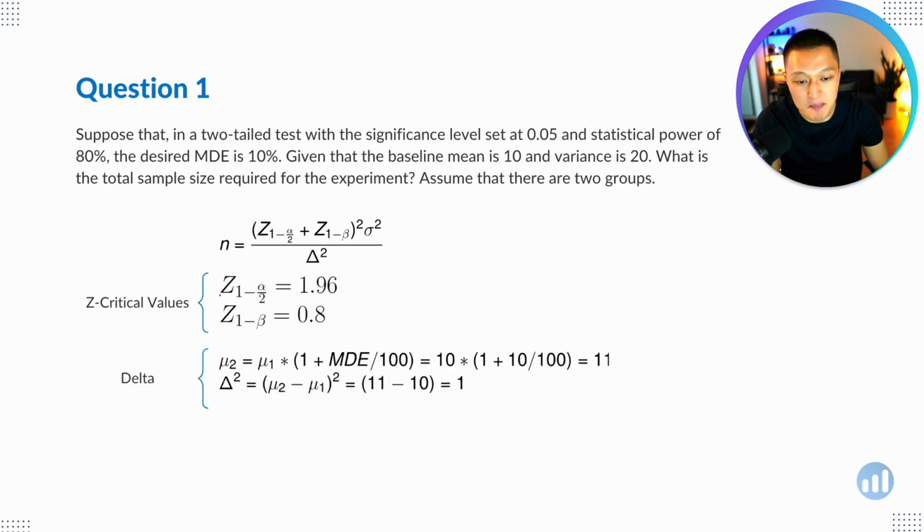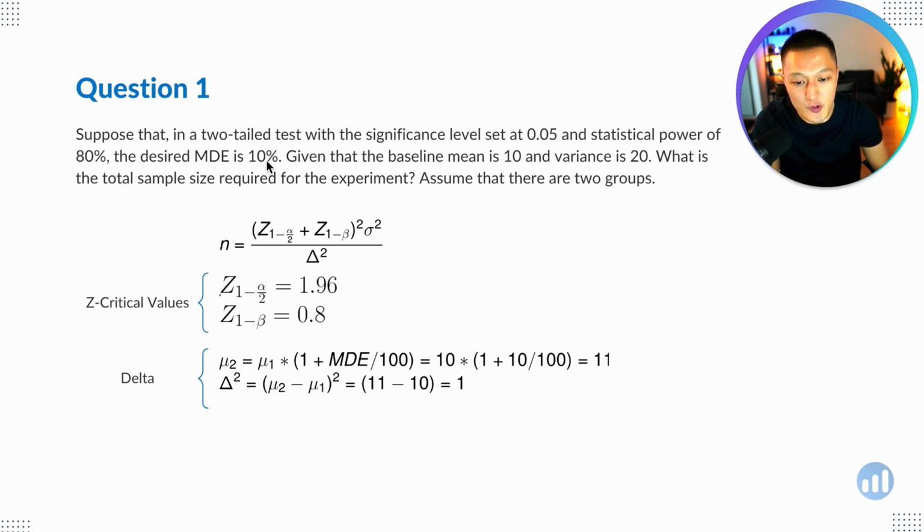So our baseline mean is at 10, and our MDE is 10%. So what that means is that we want to see the treatment mean at 11. And given that the baseline mean is at 10 and treatment mean is at 11, the delta squared is going to be 11 minus 10 squared, which just gives us 1.